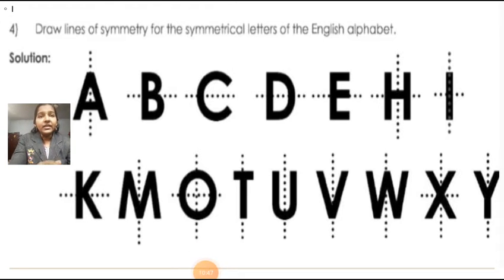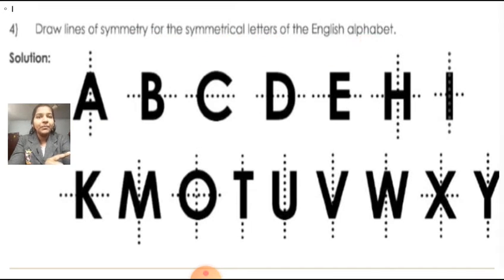Children, here in this question, not lines of reflection, it is line of symmetry. Okay, change that. It's draw lines of symmetry for the symmetrical letters of the English alphabet.